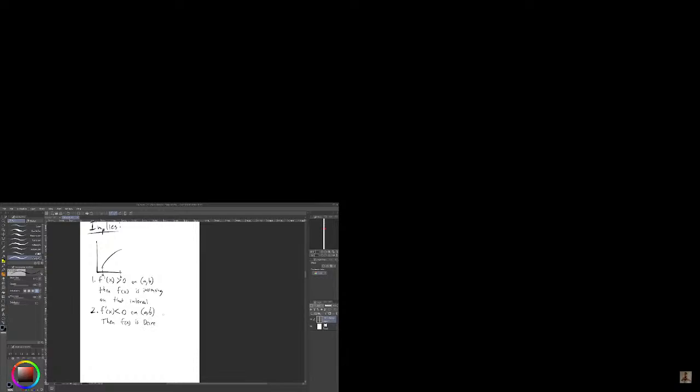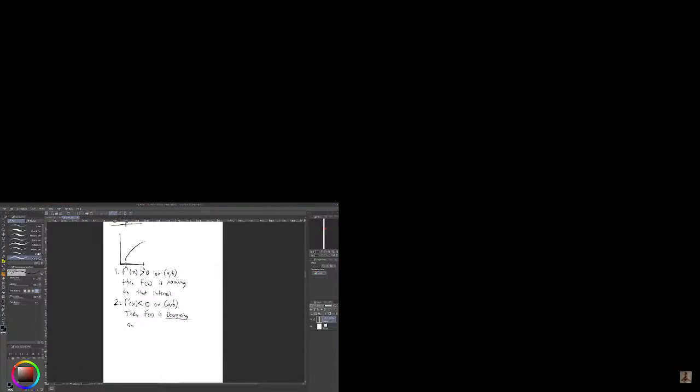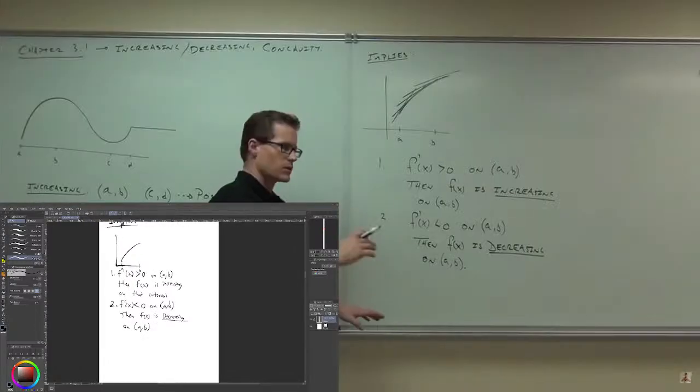You still okay so far? In English, again, what this says is, if your slope, remember first derivative slope, if your slope's negative, you're decreasing. That's all it says.